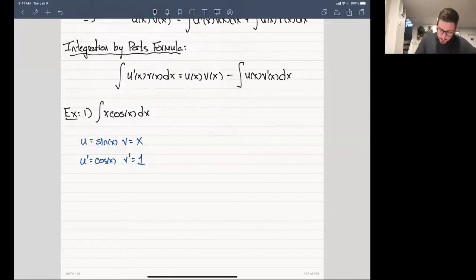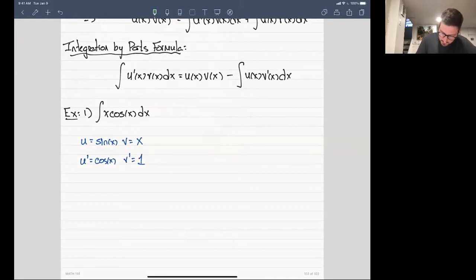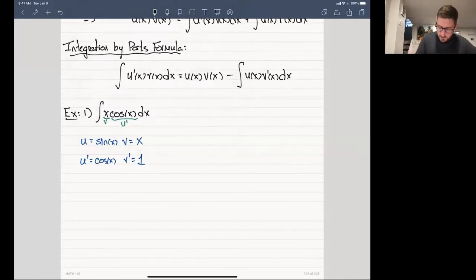Okay, so let me show you how this actually helps. I get x cos x dx. That is, maybe I'll just write it underneath in green. This is v, and this is u prime, which is the same as u prime times v, just written in a different order.